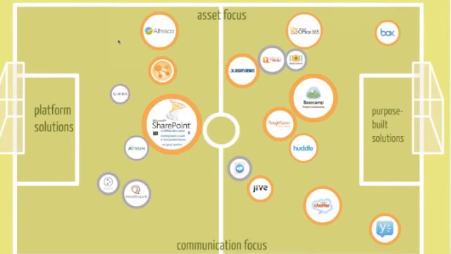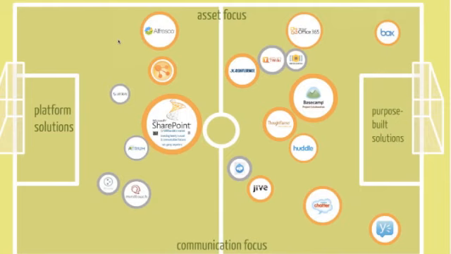So when we look at the market and what we call the playing field for social collaboration space, we look at two elements, and there are a lot of different ways to look at the space. We look at things that have more of an asset focus, so that are really helping you organize your work, versus a communication focus, so really helping your teams to communicate and connect.